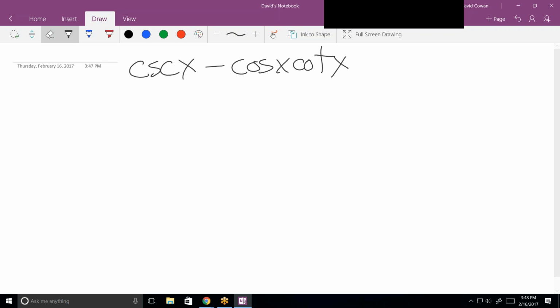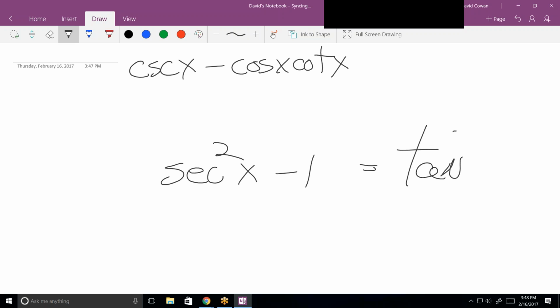It would be different if I had the following: secant squared of x minus 1 equals tangent squared of x. If I was trying to verify that identity, I'd be foolish to turn everything into sines and cosines. It's going to make it much harder.